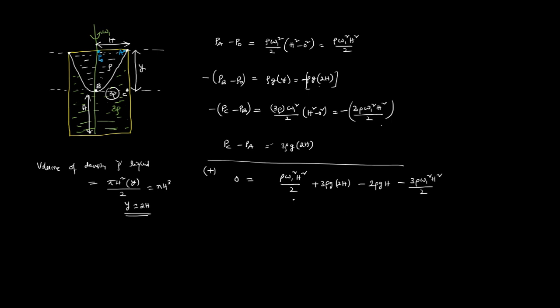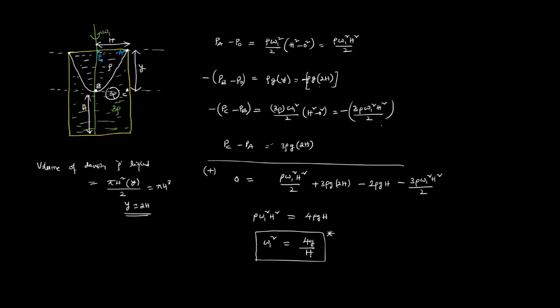If I simplify, I'll get rho omega 1 square H square, because minus 3 by 2 plus 1 by 2 gives one time. On this side, 6 minus 2 is 4 rho gH. Then H cancels out, rho cancels out, and you get 4g by H. This is the omega 1 square value.